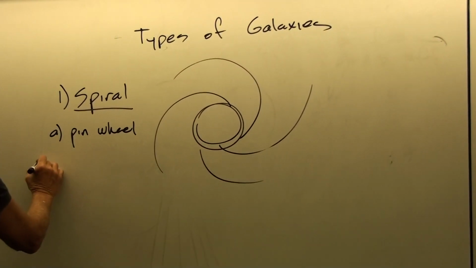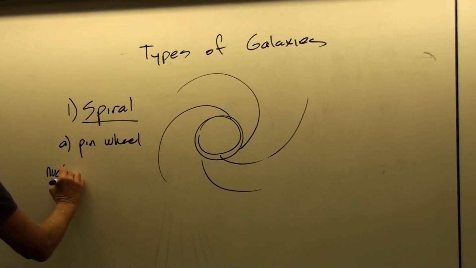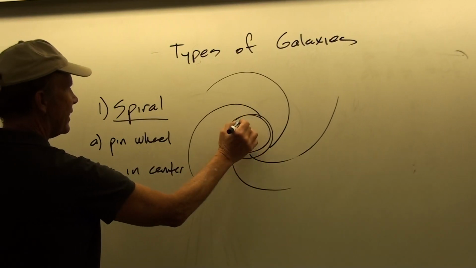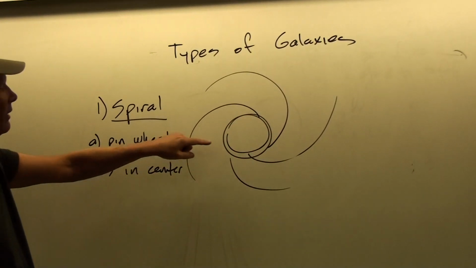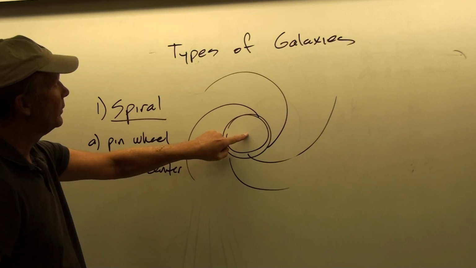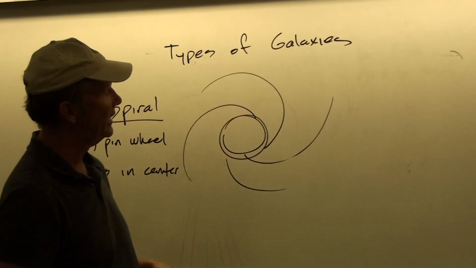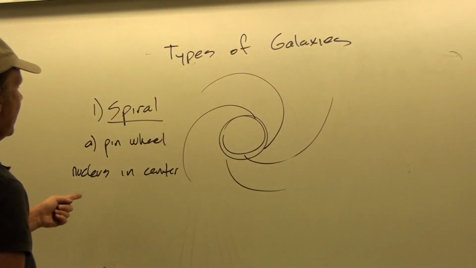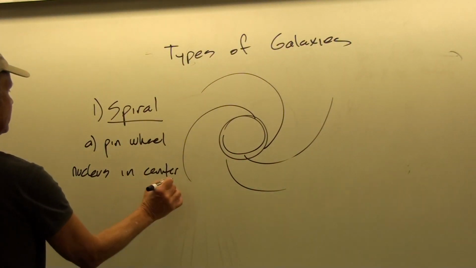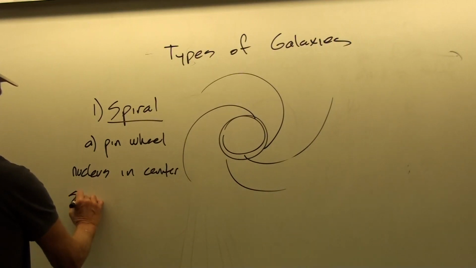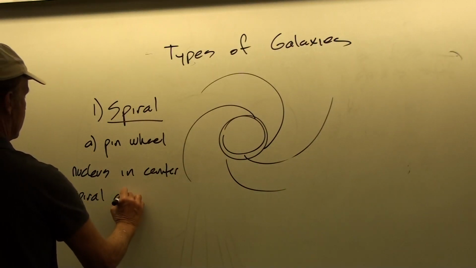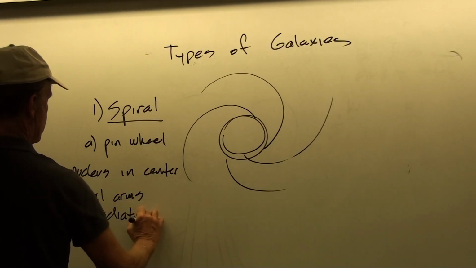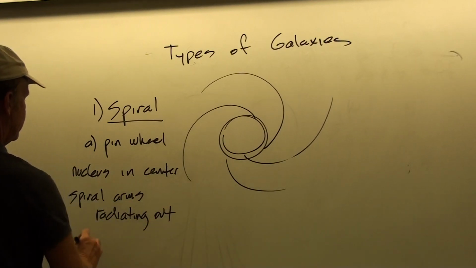And so here the nucleus is in the center. Remember, this nucleus has a higher concentration of stars than normal, but more importantly has what we think is a supermassive black hole in the center. And so then we have spiral arms radiating out in a pinwheel shape.